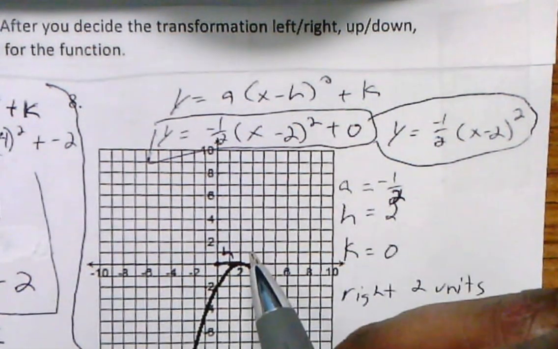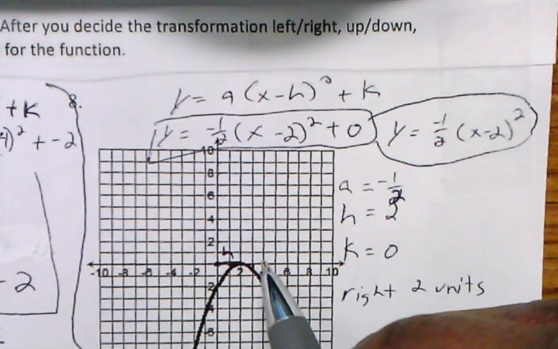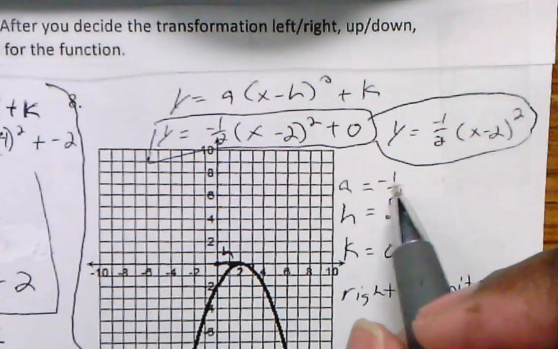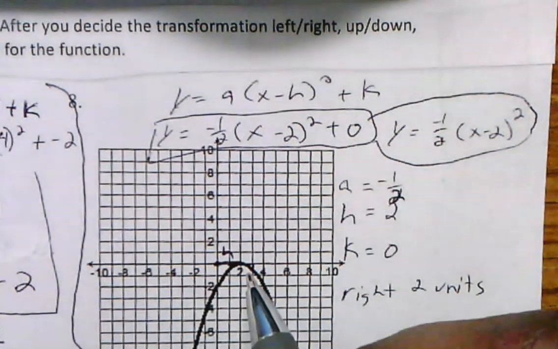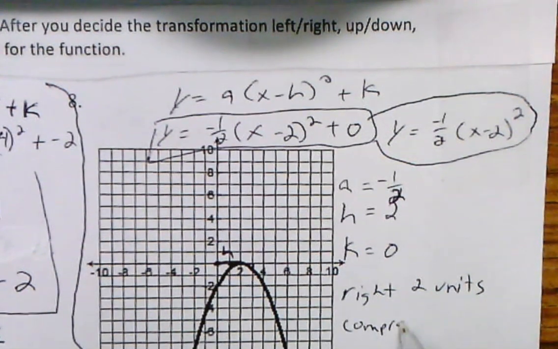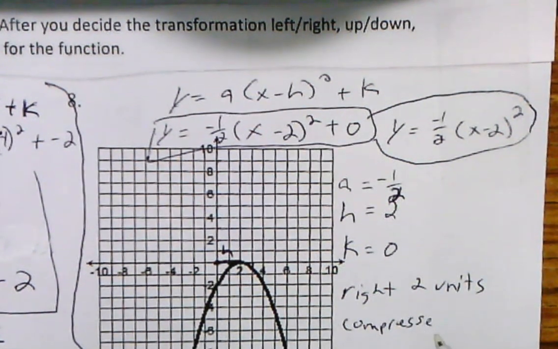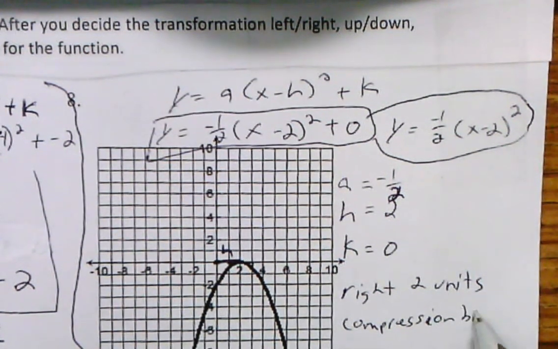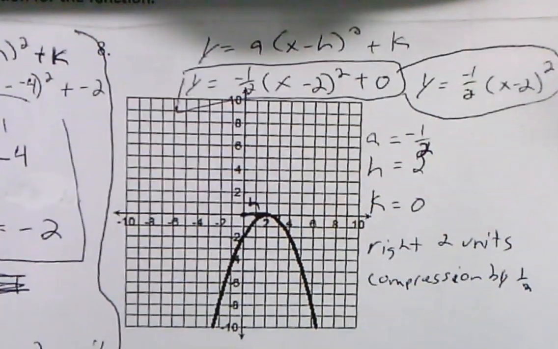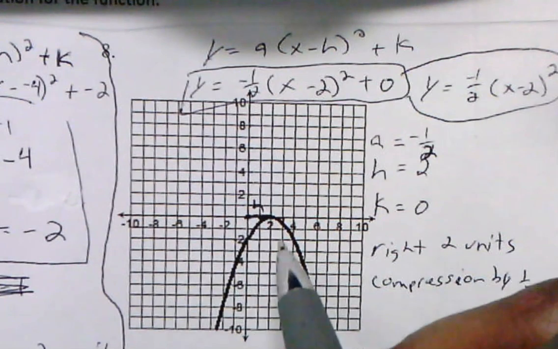But I did have a compression. What I mean by compression is, since the a value is a decimal that's smaller than 1, I know the graph is compressed. So it's a compression by 1/2. Compressed means it's a wider graph. And because a is negative, it reflects over the x-axis.